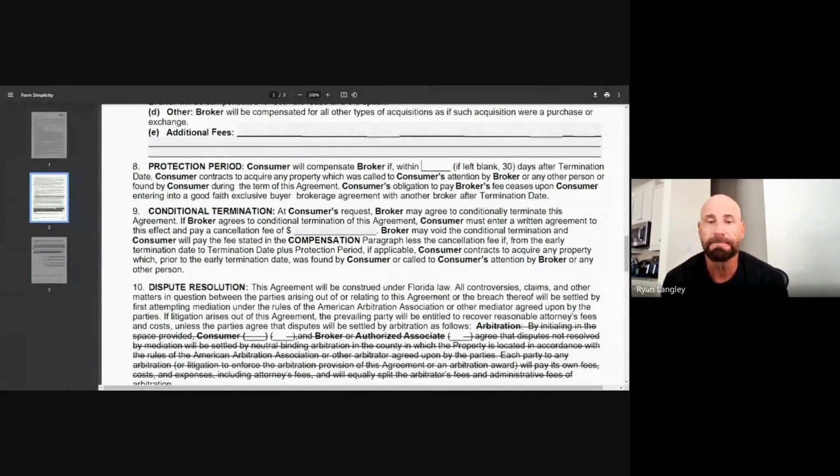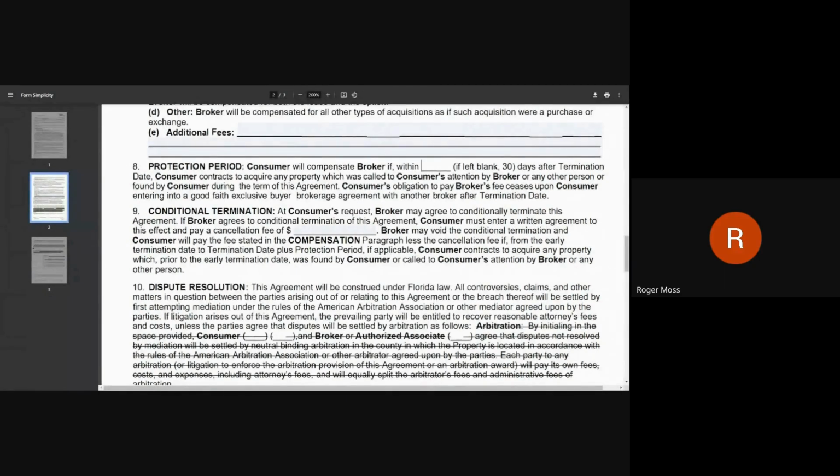Roger. Yes, hi, good morning. I'm sorry, I got onto a call when my hand was raised before. I just have a question regarding the retainer fee. If you want to charge somebody a retainer fee, is there some type of lingo you can add, like I only charge you a retainer fee if I show you more than one property, or is that illegal?